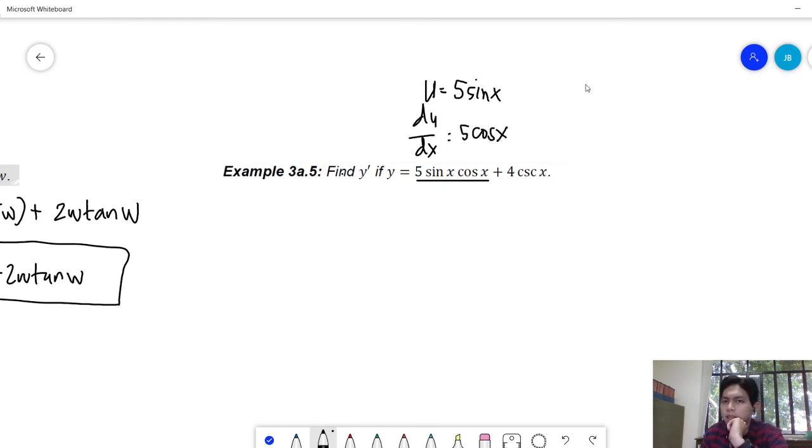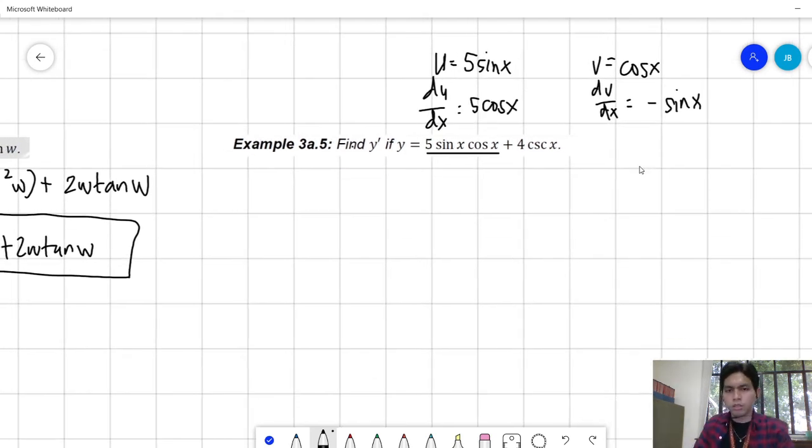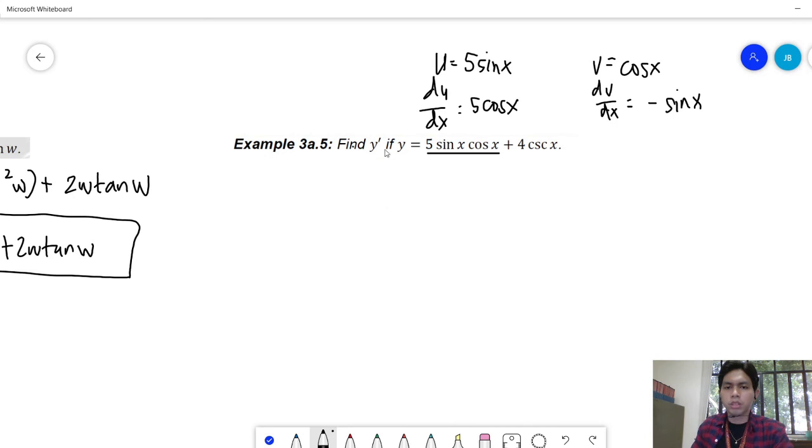So 5 cosine x only. Then our v is cosine x, dv over dx is negative sine x, right? So therefore, product rule, u dv plus v du.